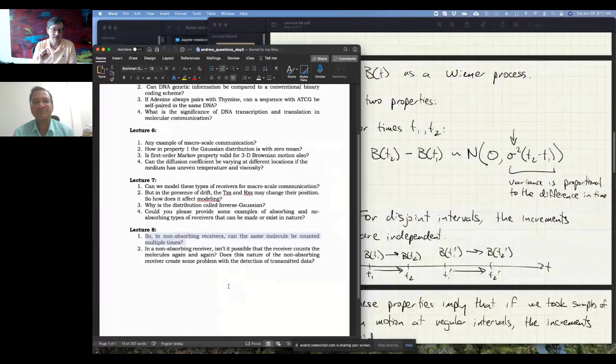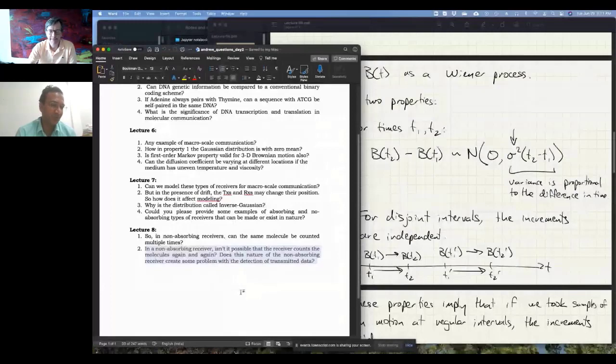Then the number of times is actually very large. So it can oscillate basically at the boundary between inside and outside of the region. So there are many complications for non-absorbing receivers that make them difficult to analyze in the same way as absorbing receivers. I think the next question is exactly the same, about what problems it creates for the receivers.